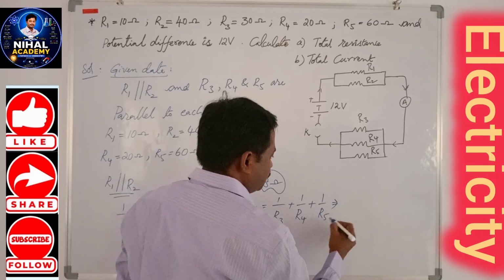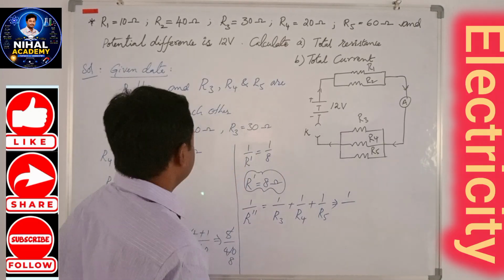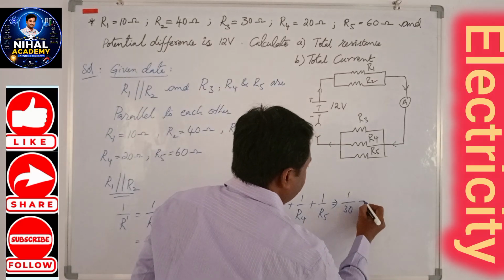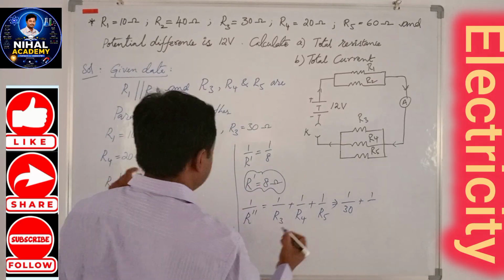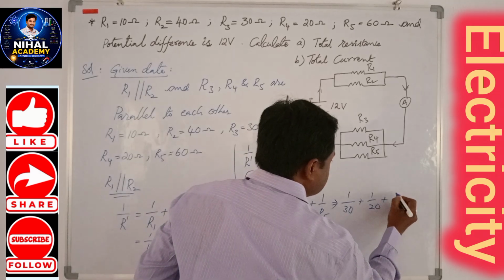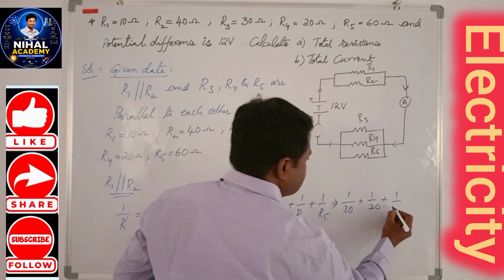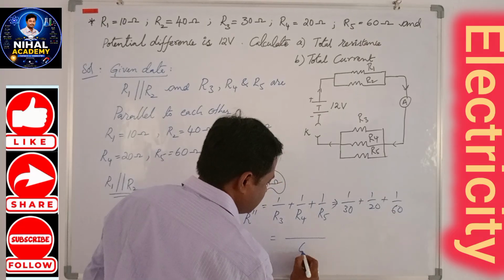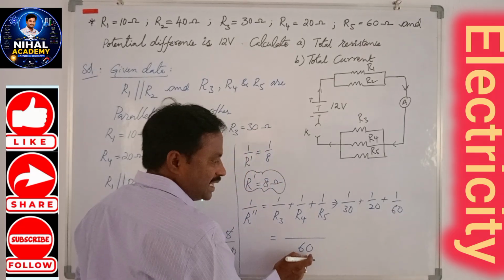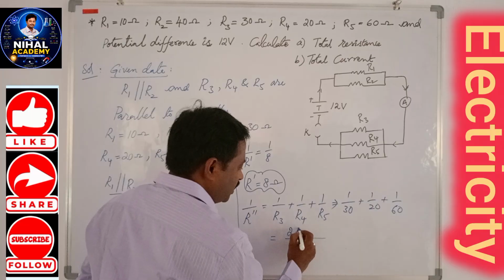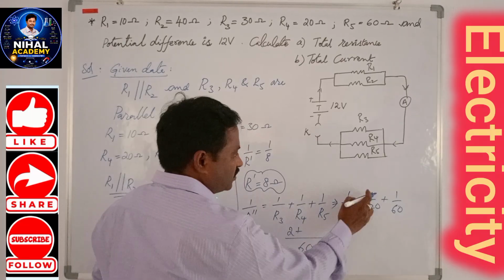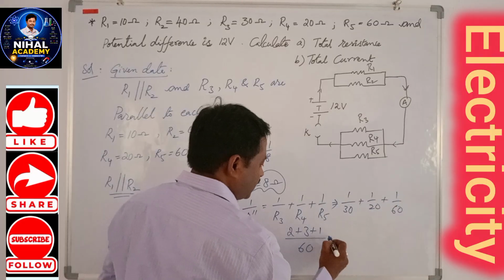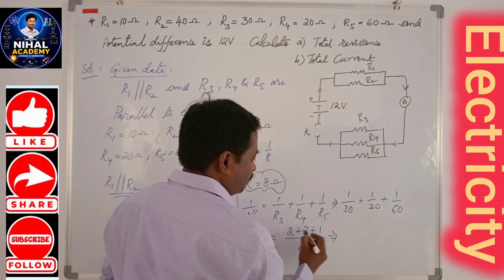Now substitute the values. 1 by R3, R3 value 30, plus 1 by R4 20, plus 1 by R5 60. So the LCM of these three is 60. 30, 2 times cancel. So 2 into 1 is 2, plus 20, 3 times cancel, 3 into 1 is 3, plus 60, 1 time cancel, 1 into 1 is 1. So this is equal to 2 plus 3 plus 1, which is 6.